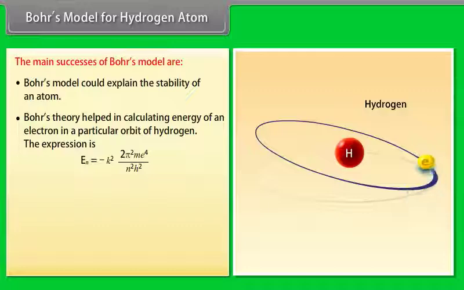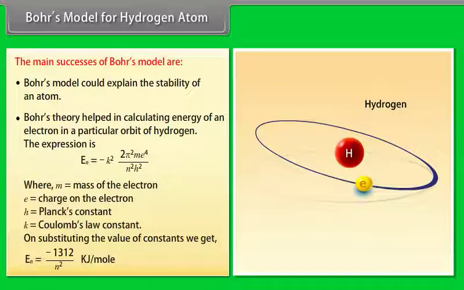The expression is En is equal to minus k² × 2π² × m × e⁴ divided by n² h², where m is mass of the electron, e is charge on the electron, h is Planck's constant, k is Coulomb's law constant. On substituting the value of constants, we get En is equal to minus 1312 by n² kilojoule per mole.